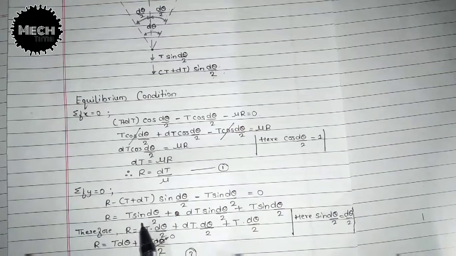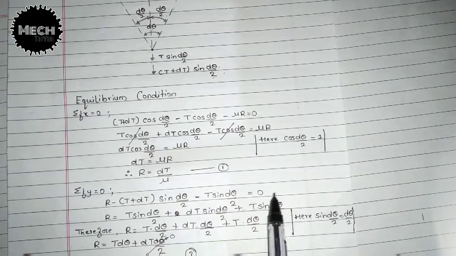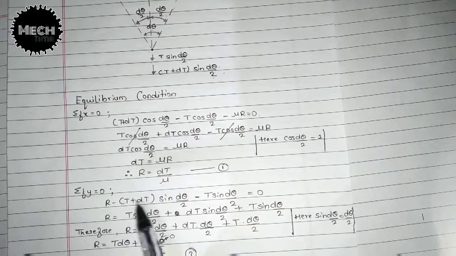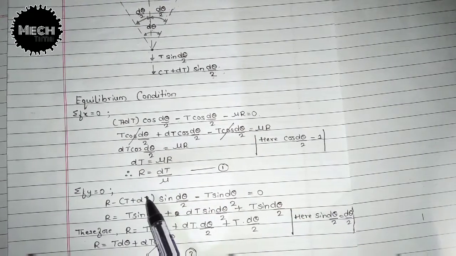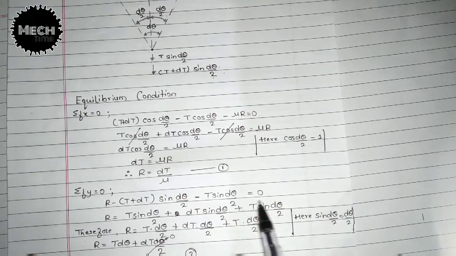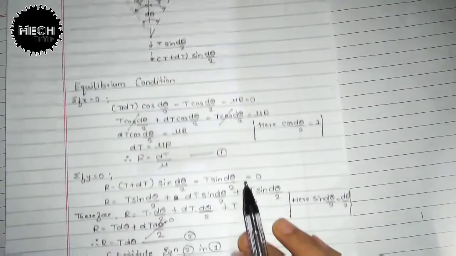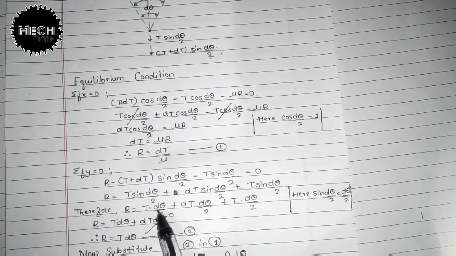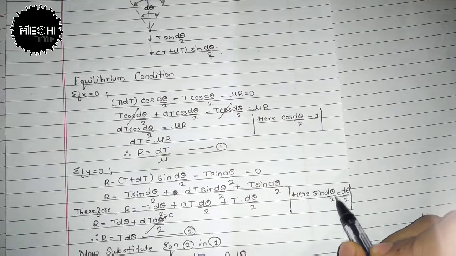Next, you have to take this whole term to that side and multiply as I did here: t into sin d theta by 2 plus dt into sin d theta by 2, at that side plus sin d theta by 2. So you are done till here. Therefore R is equal to t sin d theta by 2.